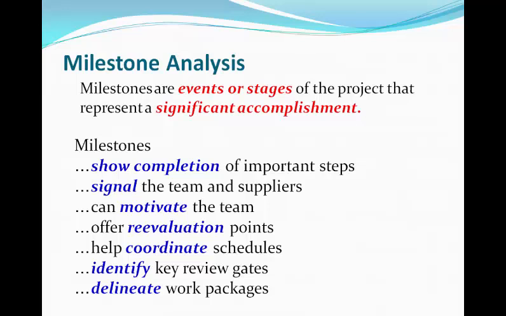The next type of control tool available is the milestone analysis or a Gantt chart tracking mechanism. So milestones are events or stages in a project that let you know once you've reached those events. Typically, milestones are set against specific dates or against your schedule.